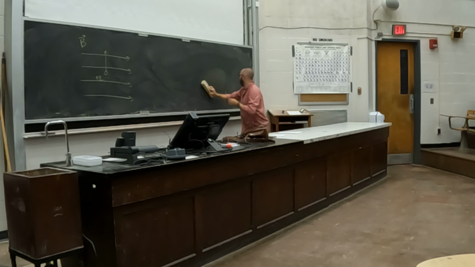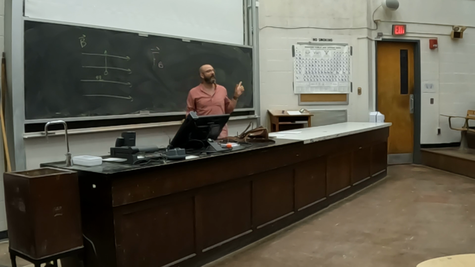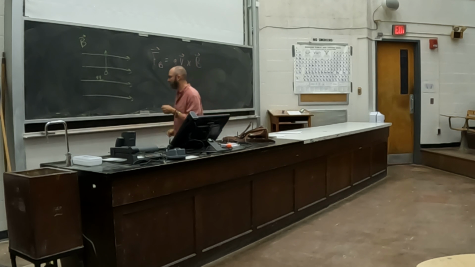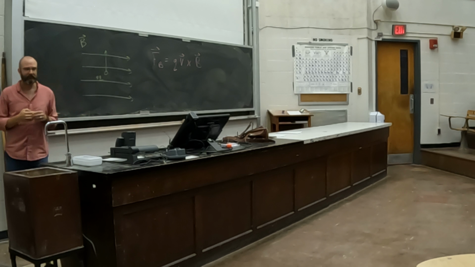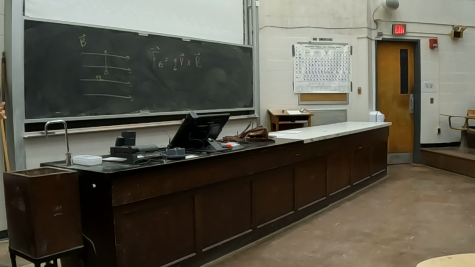some calculus we did at the very beginning. The magnetic force acting on a charged particle is equal to Q, V, where I'm writing V as a vector, cross B. Remember our definition of cross product, right?